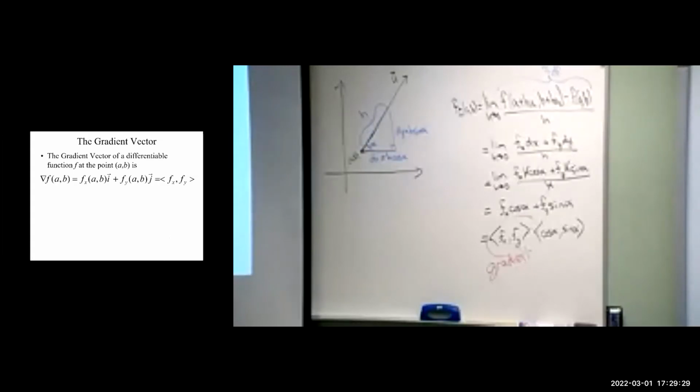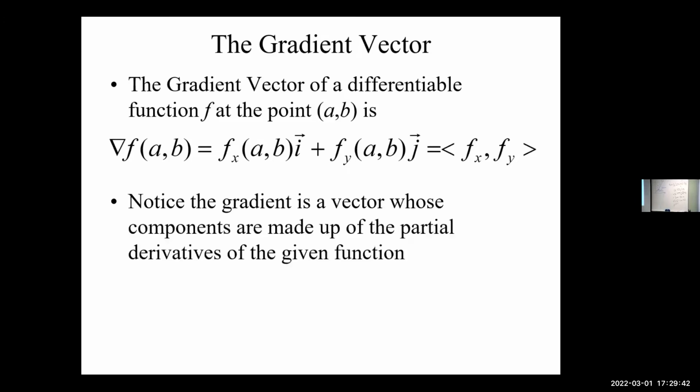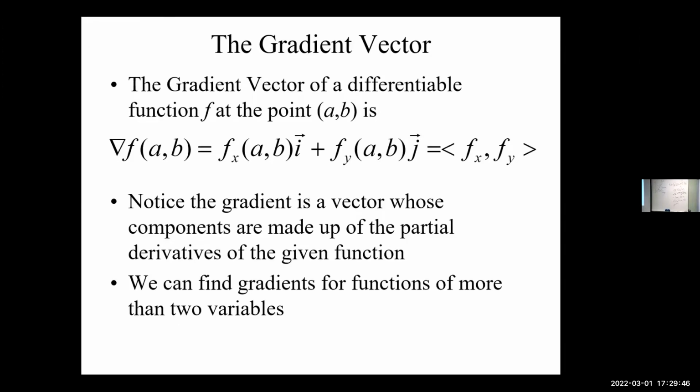We're going to talk about the gradient by itself, and then a little bit about it combined with the directional derivative. Again, it's a vector made up of the partials. That's it. If you can find partials, you can find a gradient, and they go in order.